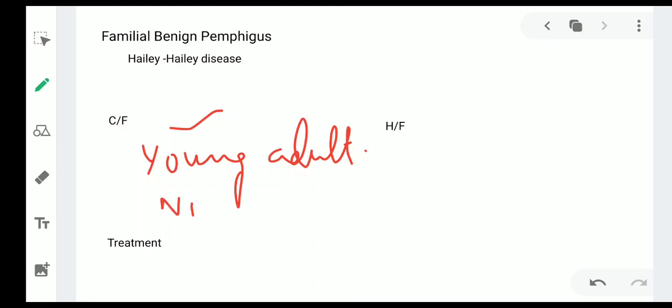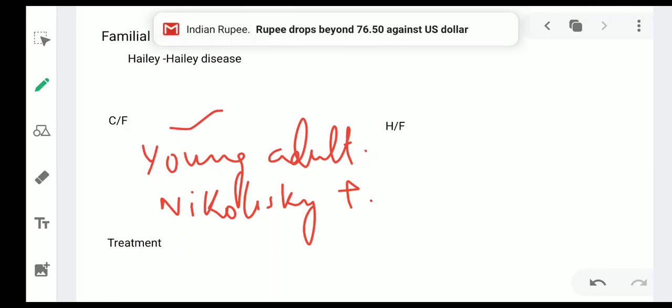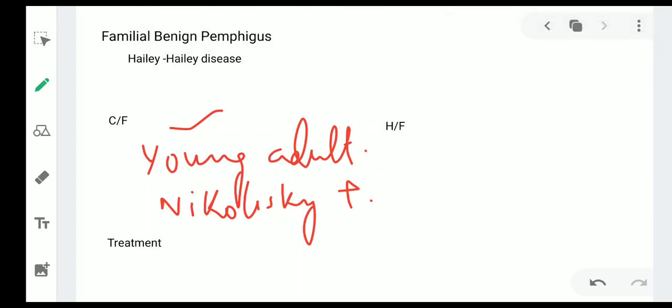Nikolsky sign will be present, and lymph nodes may be tender or enlarged. The lesion develops as a small group of vesicles appearing on normal or erythematous skin, which soon rupture to leave eroded crusted areas.